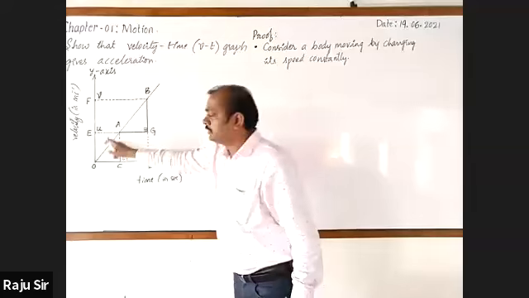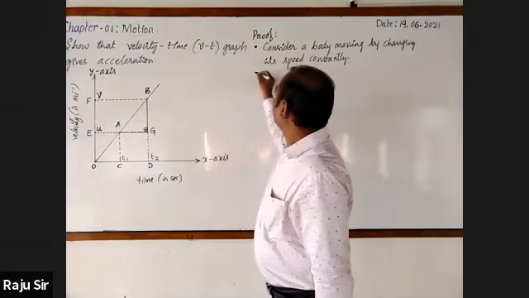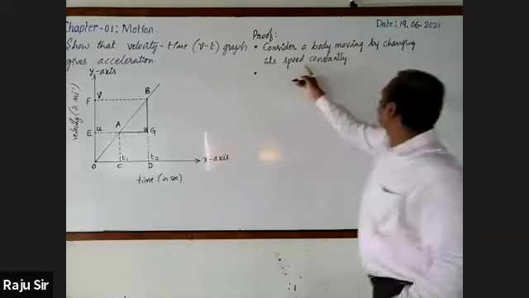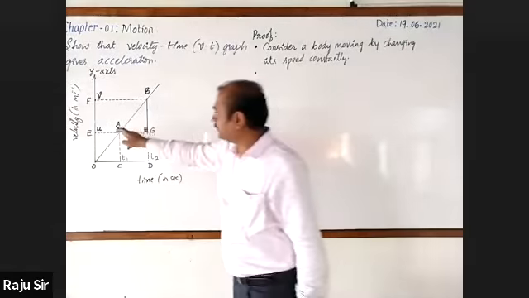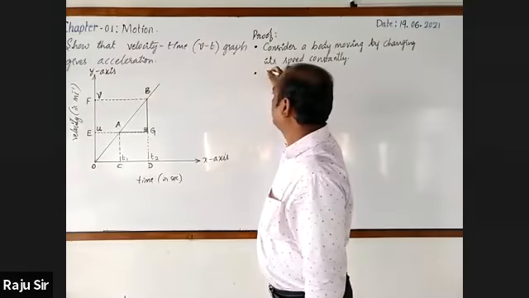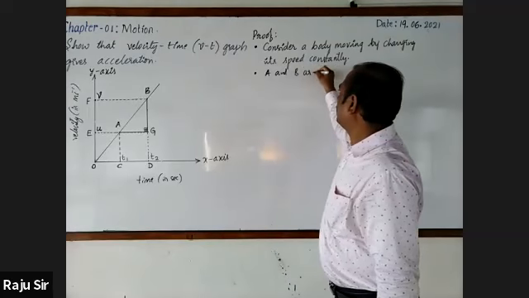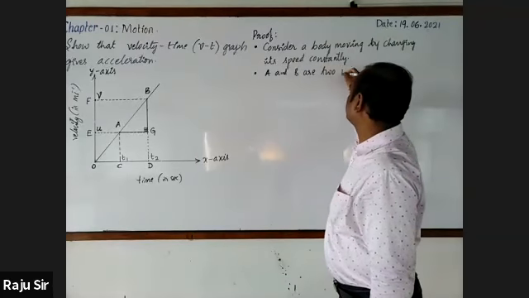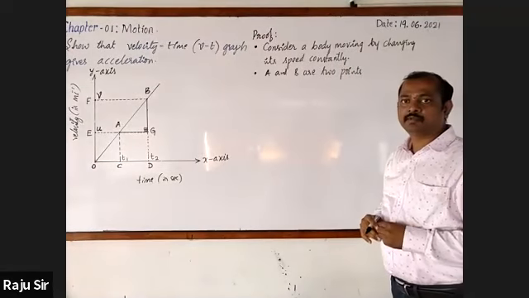So this is the graph of a body moving by changing its speed constantly. On this graph, we have taken 2 points A and B, marked on the graph.